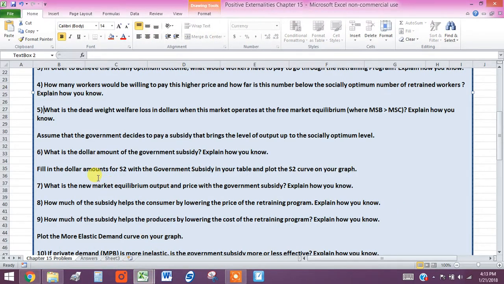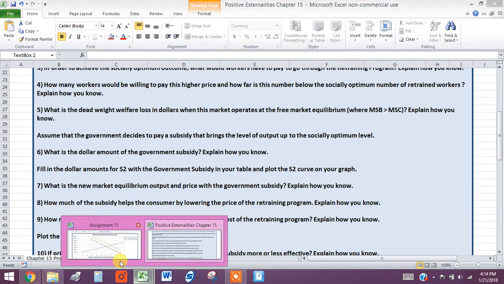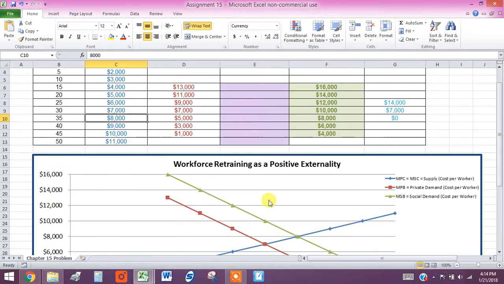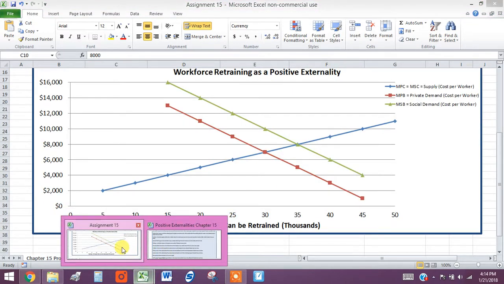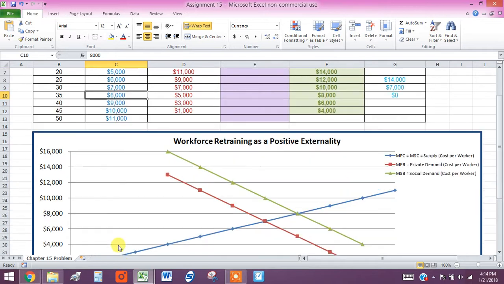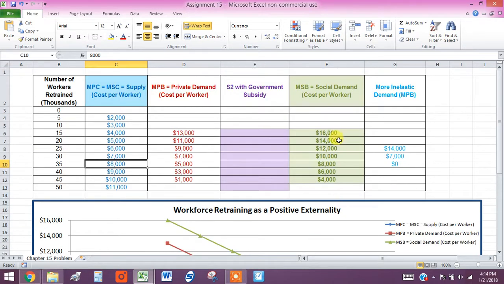Okay, so we're going to fill in these dollar amounts for S2, or the supply curve with the government subsidy. So we're going to do that in our table right now. In order to do that, we need to come back over here. That's the wrong one, that's the one I've already done. Let's go to the one we haven't done. Actually, no, it's already in here.